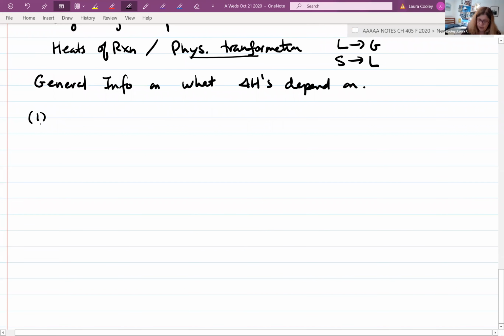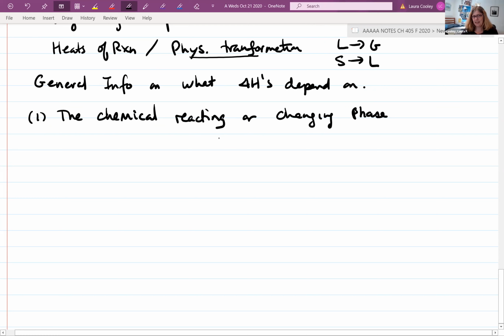Of course, the first thing that a delta H of a reaction or process would depend on is the things involved, the chemicals reacting or changing phase. What's going to matter is what chemicals are actually involved. But I want to say this is why I even bother talking about this. I've said this before, but it's important and I emphasize it.